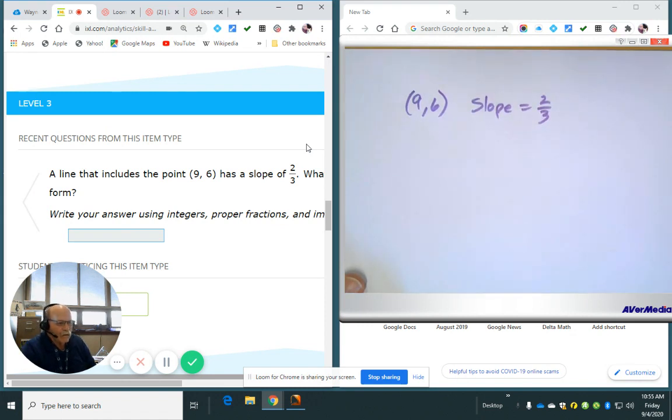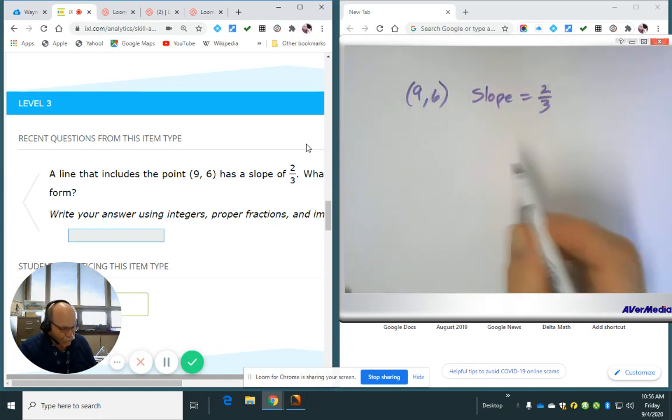The only thing that's different about this is the slope is a fraction, and in fact, slopes are always fractions. If you have a slope of 4, it's really 4 up and 1 over, so you have a slope of 4.